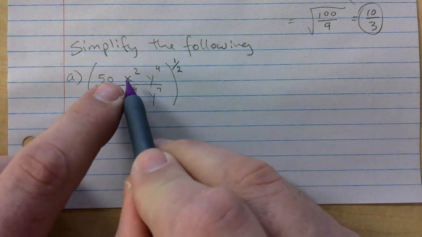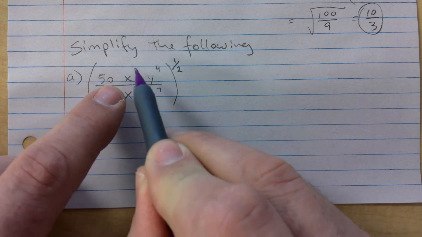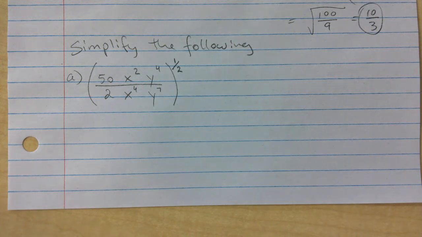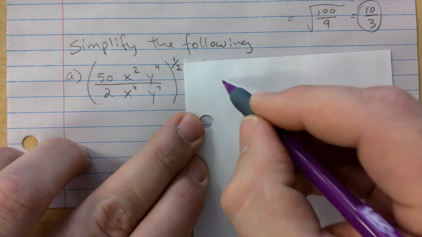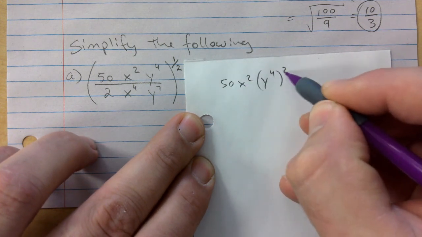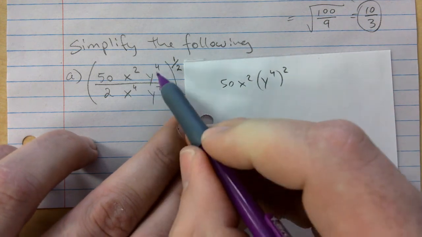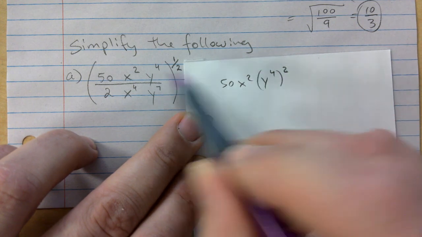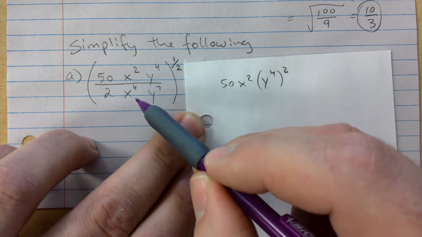I look at the numerator. Is there any brackets? Don't write this down, but I will do this on a scrap piece of paper so you know what I'm talking about. So let's say the top had, like, the y to the 4 had its own little exponent, you'd have to take care of that first before you start doing anything else.